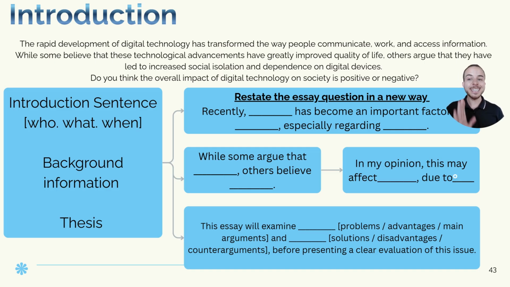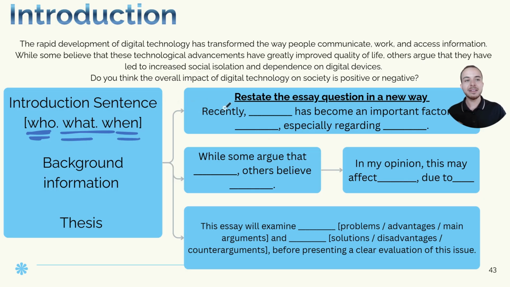Let's go, introduction paragraph. I'm using the first example here so you can see the question type. First sentence, introduction sentence, you're simply going to pull ideas from the question prompt. This is very important. And address the who, the what, and the when, if there's a when. So if the question says modern days, or if the question says people living in cities, urban dwellers, we need to identify that in our topic sentence.